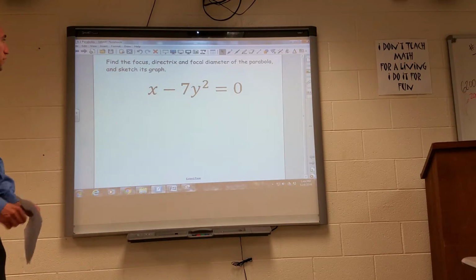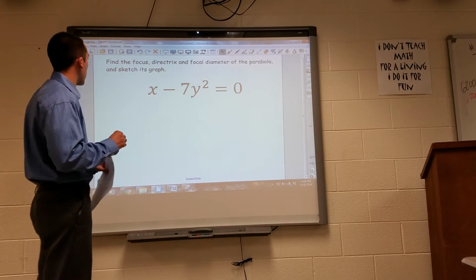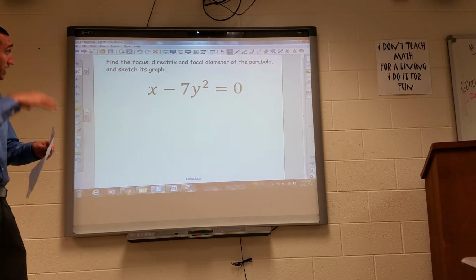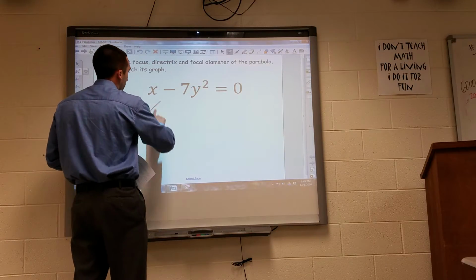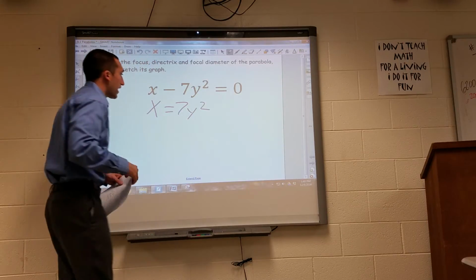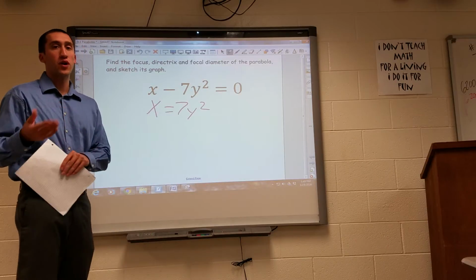So first example here, they want us to find the focus, directrix, and focal diameter of the parabola, then sketch it. Okay, so let's get it in generic form, or standard form. So we get x equals 7y squared. And if you look at general form, there's never a coefficient in front of my squared term.